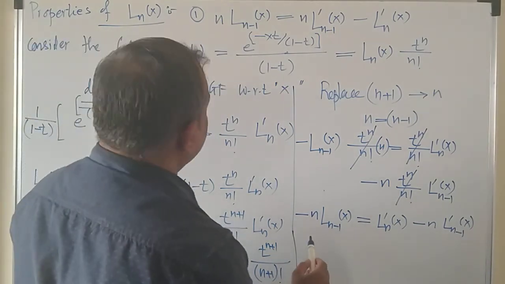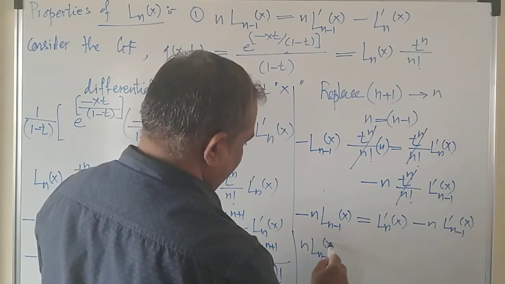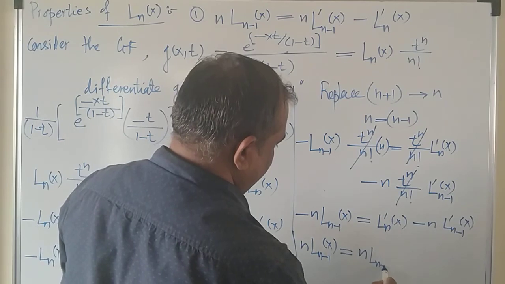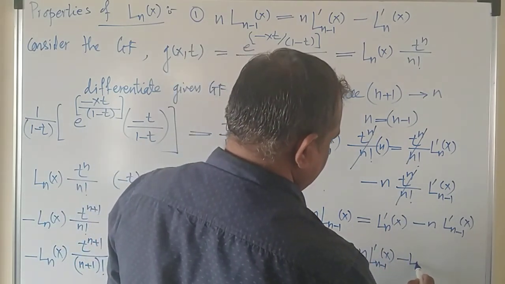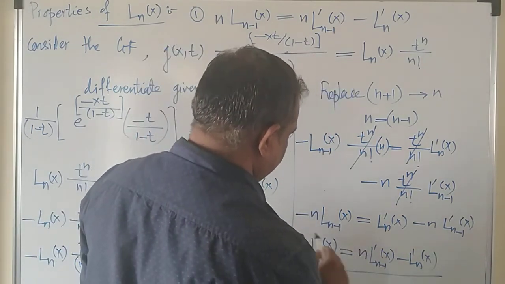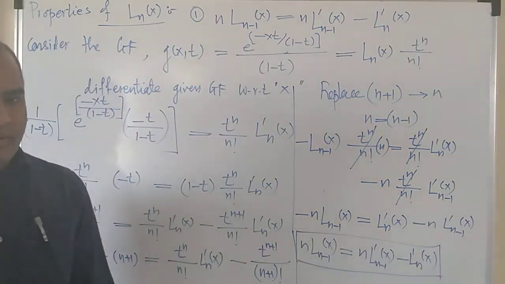Hence I can say n L_{n-1}(x) is equal to n L_{n-1} dash of x minus L_n dash of x, and thus the property is proved for the Laguerre polynomial, right?